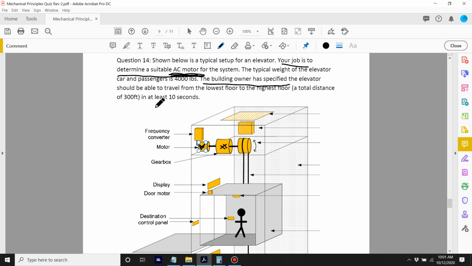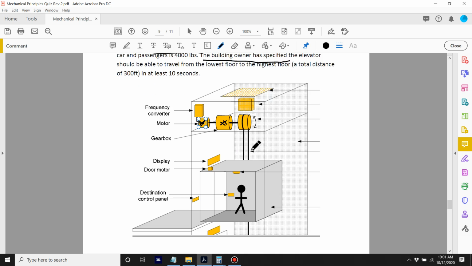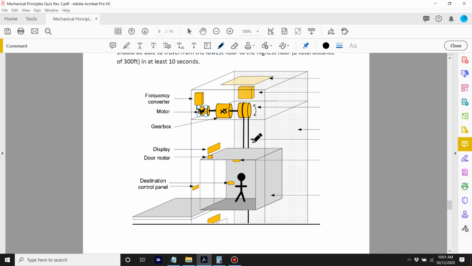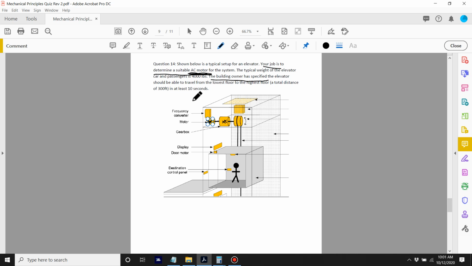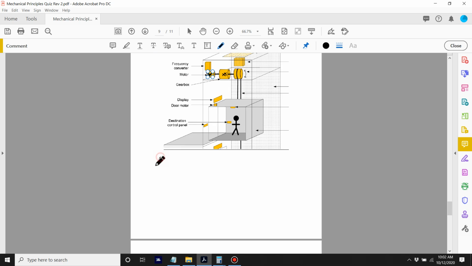Oh my god. Now, hopefully you realize whenever you see a distance and you see time and you see force, that is a power question, a linear power question. This is an example of a linear power question.